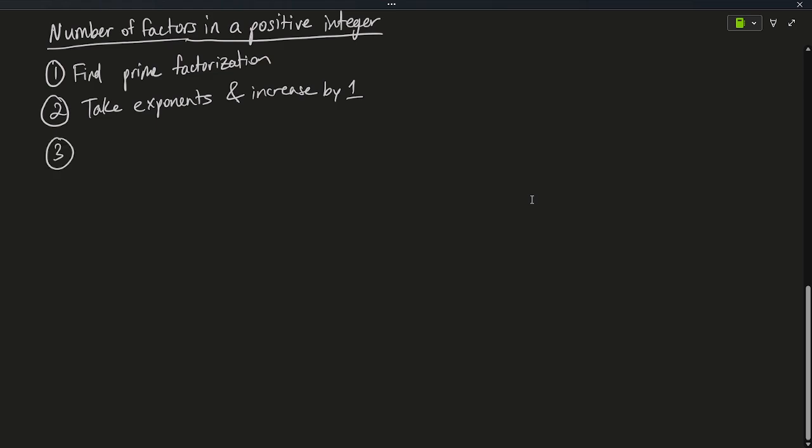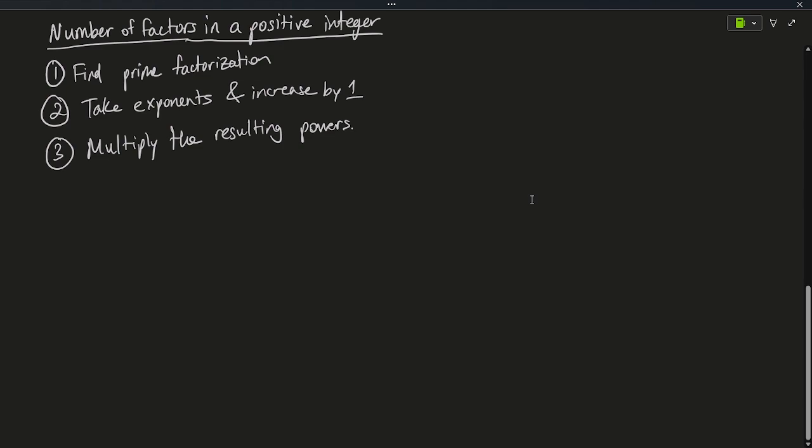Then you multiply the resulting powers. And there you go. That's going to yield the number of factors in a positive integer. Why this works, I can shortly explain, but if you want a more elaborate explanation, go to the other two sources I was talking about earlier in this video.